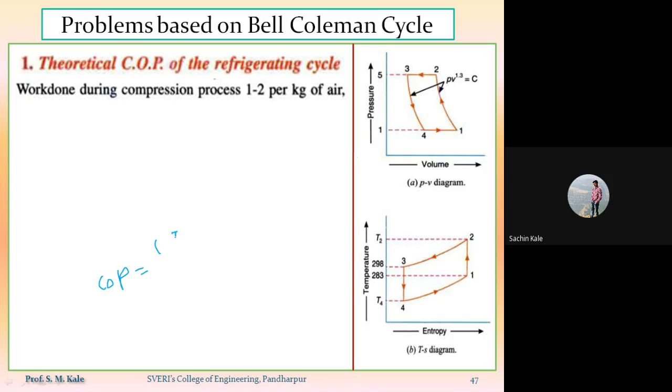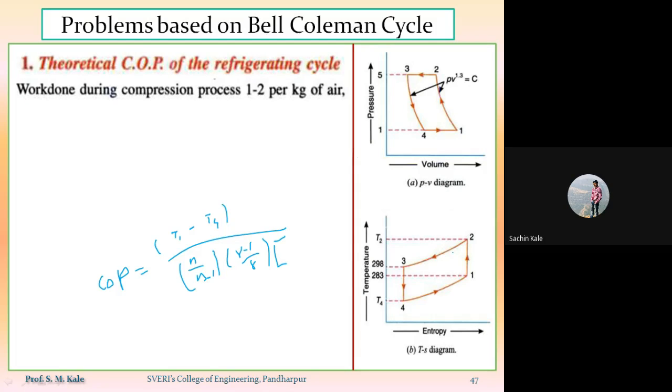COP is equal to (T1 minus T4) divided by (n upon n minus 1) into (gamma minus 1 upon gamma) into bracket (T2 minus T3).